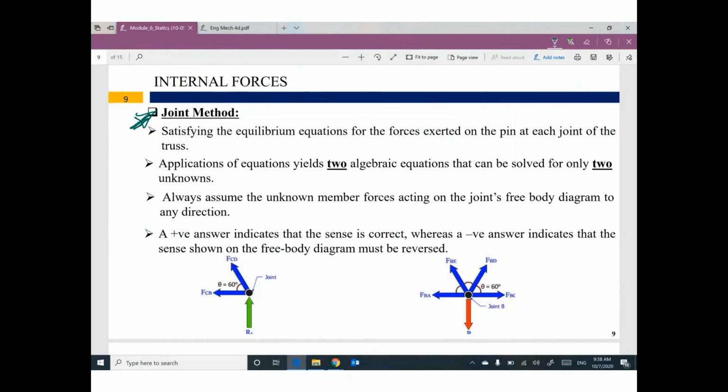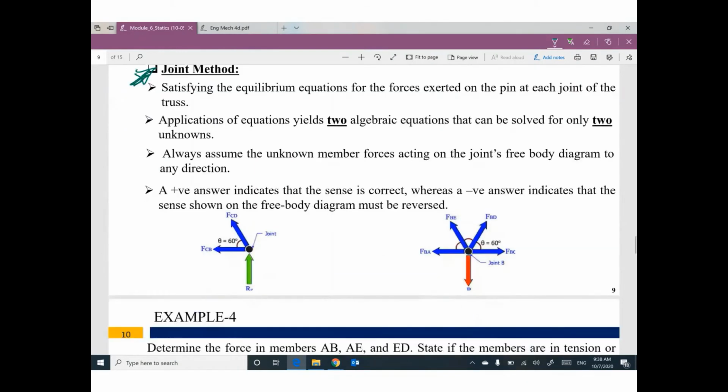If you have a joint, or a particle, or a point, and we have many forces like this one, and this one, and this one, and this particle or joint or point is in equilibrium, that means summation of forces in x equals 0, summation of forces in y equals 0.